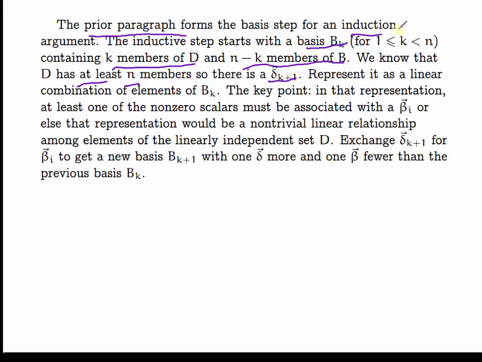So that means that k plus 1 is less than or equal to n. I can represent this delta_{k+1} as a linear combination of the elements of B_k.